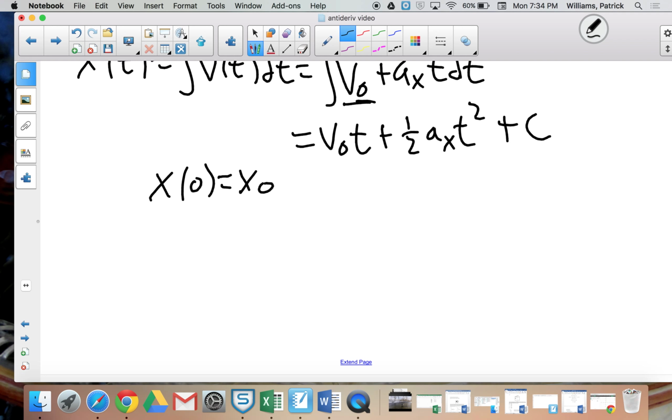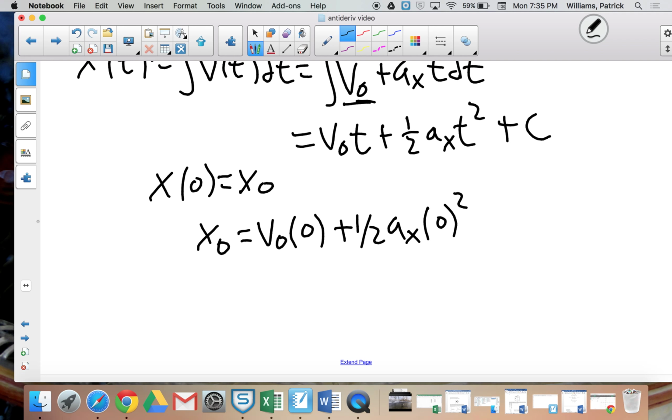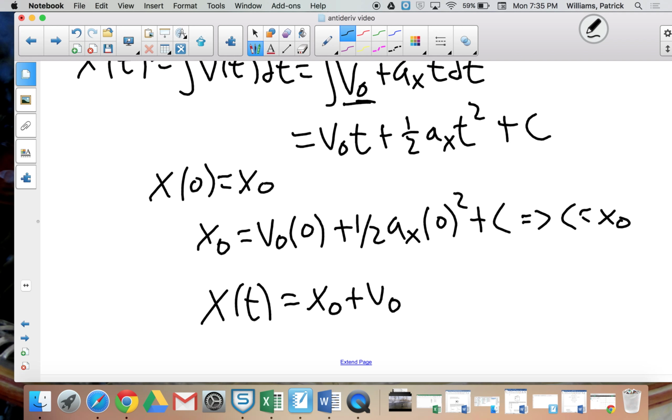So if we apply that, we get x naught is equal to v sub 0 times 0 plus 1/2 a_x times 0 squared plus c. This gives us c is x naught. And if I finally write out this entire equation, I get x of t is x naught plus v naught t plus 1/2 a_x t squared.